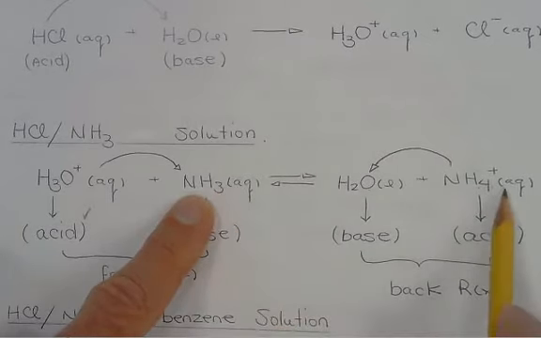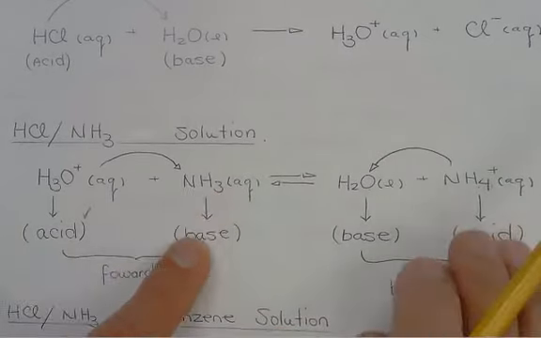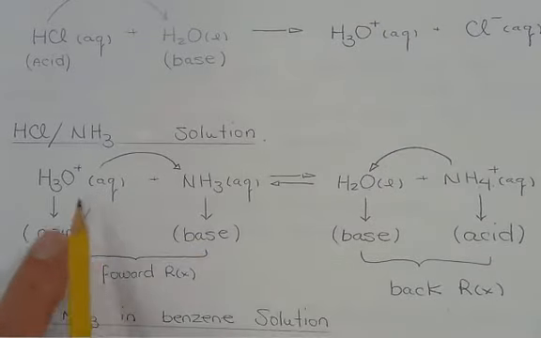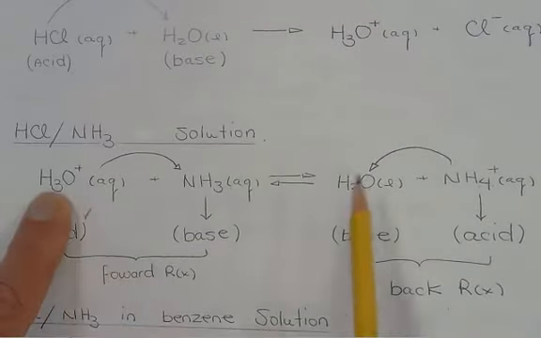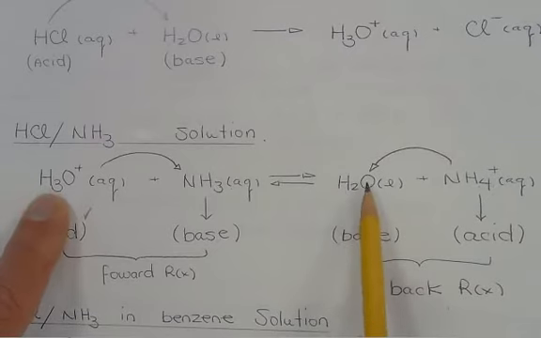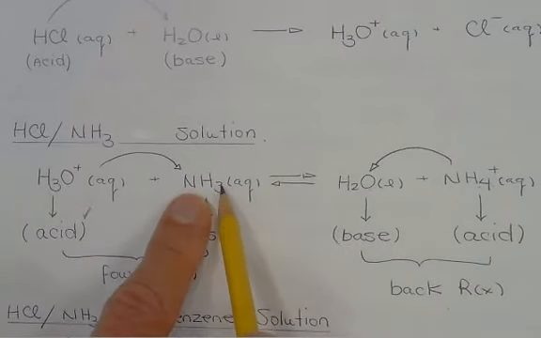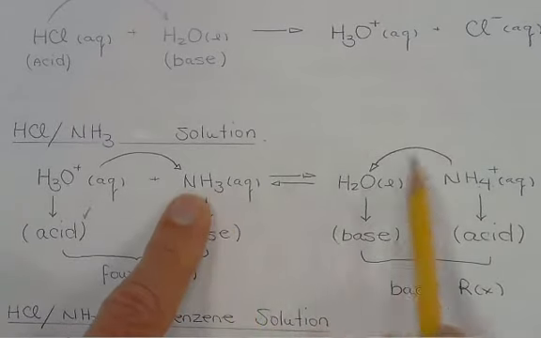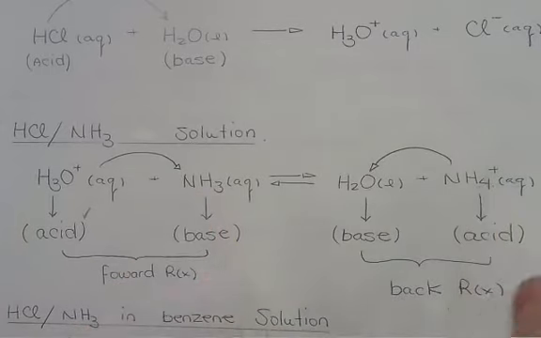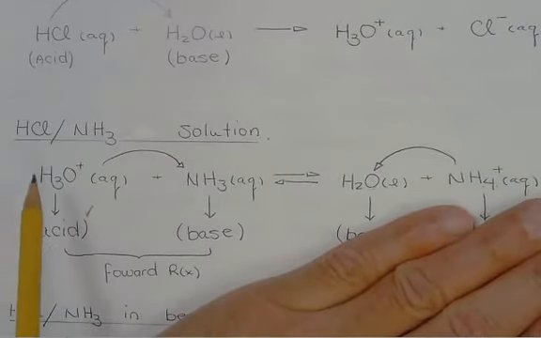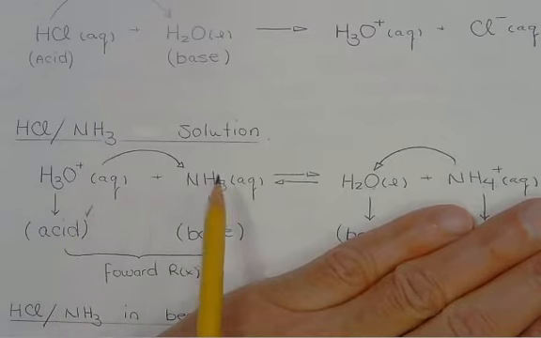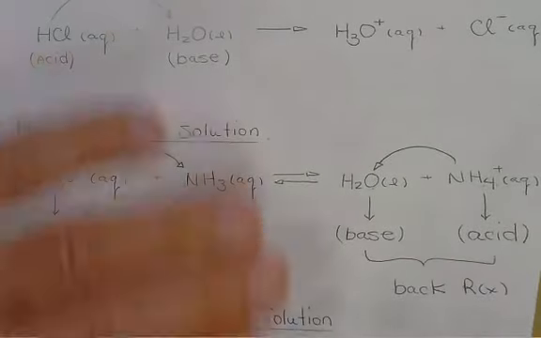If it gained a proton, it is a Bronsted base, because a Bronsted base is a proton acceptor. So the acids are always going to have one more hydrogen than the base from left to right, and the bases are always going to have one less hydrogen than the acid. So going forward, we've assigned hydronium as the acid and ammonia as the base. Okay, let's look at it going backwards now.